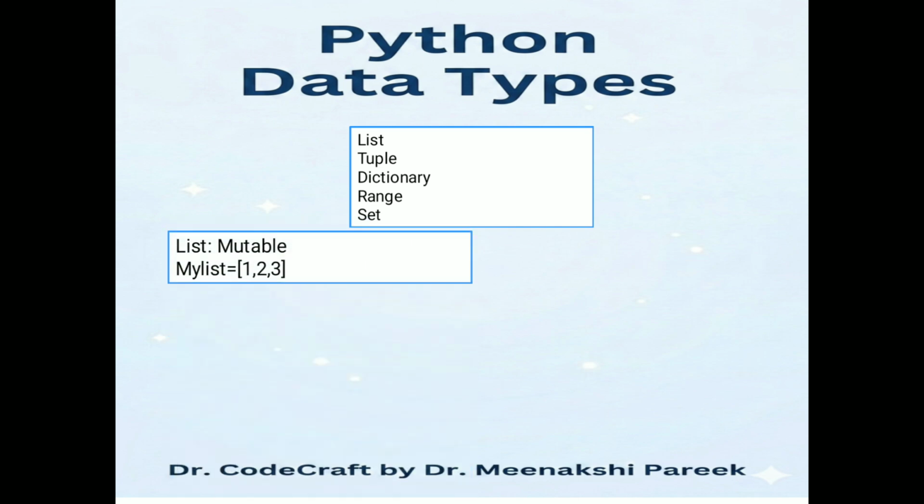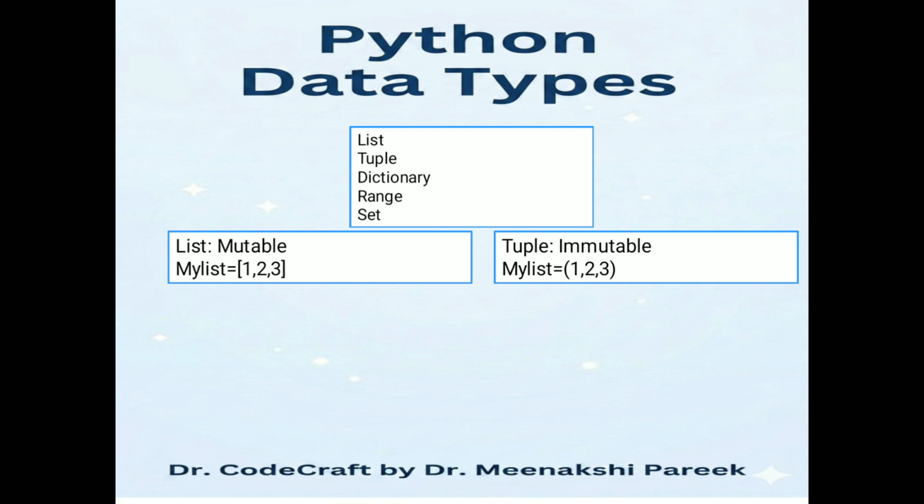First, a list is mutable, which means in a list we can change the data, but a tuple is immutable, so we can't change a tuple, as in a list we can change the list values.